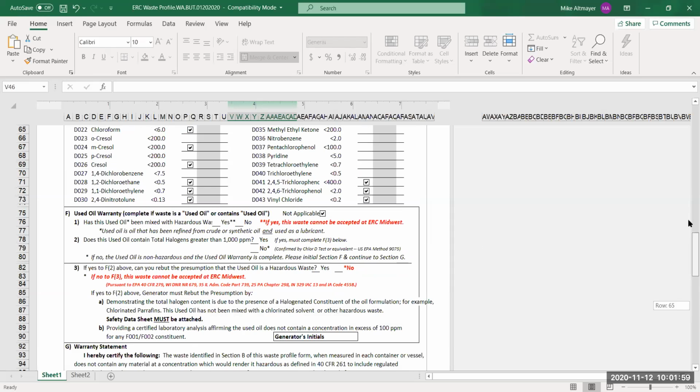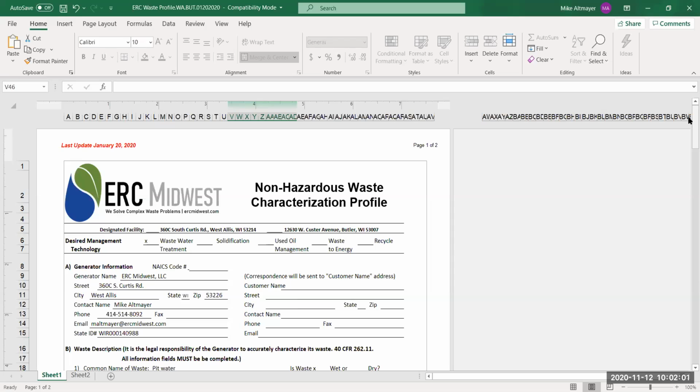Once the profile gets signed and sent back to you, you can submit it to Zach Marlin for approval. If you have supporting data like analytical, like an SDS sheet, send that along with the profile to Zach so that he can get a clear picture of what he's dealing with here. The profile is good, but it's not always the whole story.